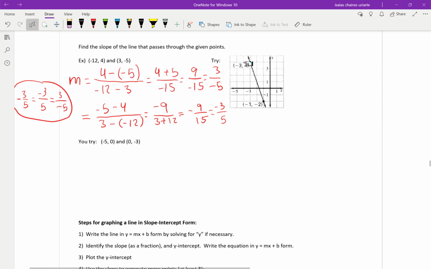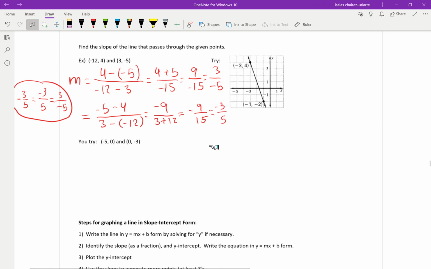Here they give us the little line segment that joins these 2 points, negative 3, 4, and negative 1, negative 2. What's the slope of this line? What's the slope of this other line, the one that goes through the points negative 5, 0, and 0, negative 3?